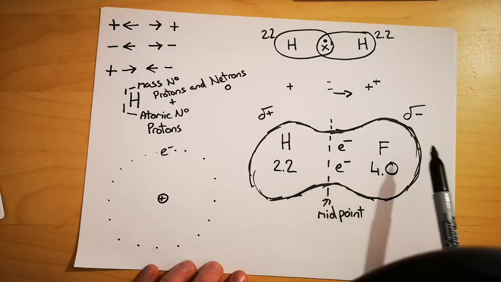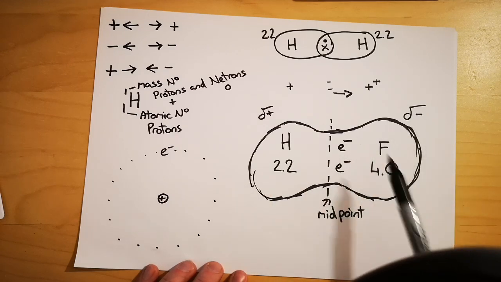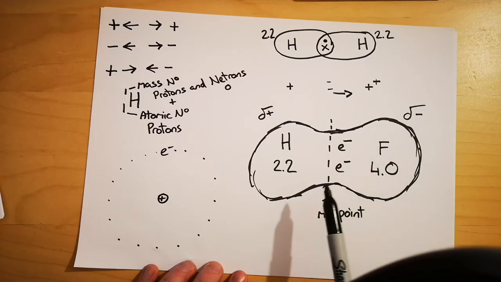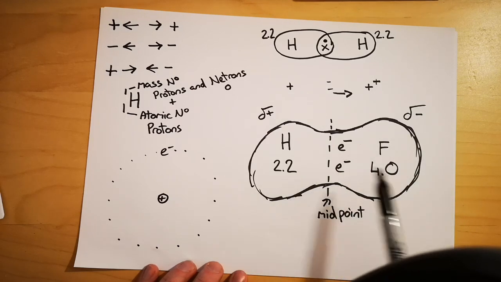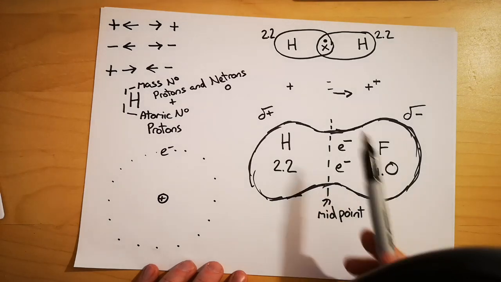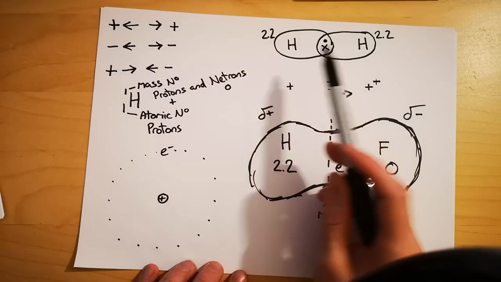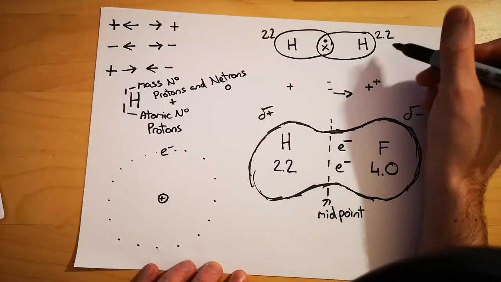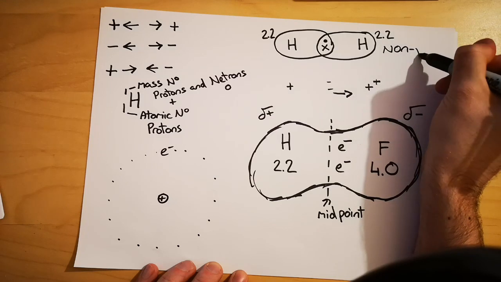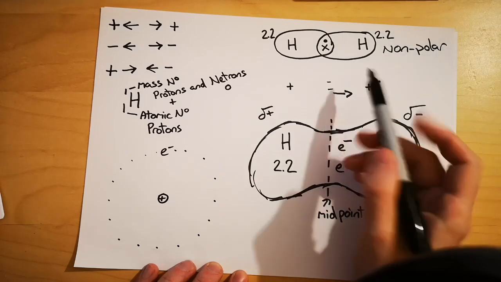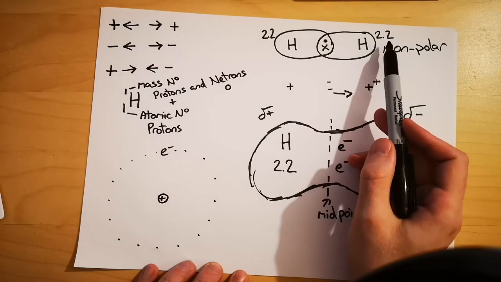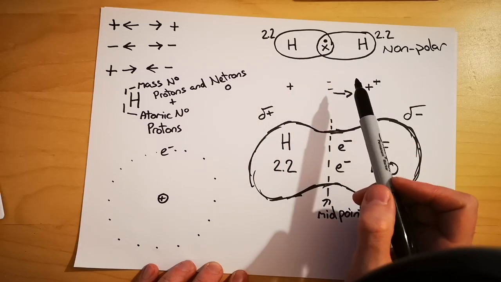this would create a situation where you would end up forming hydrogen bonds, and this molecule would be really quite polar in its characteristic. So this molecule here would be non-polar, because the electronegativity of the two hydrogen atoms is the same.